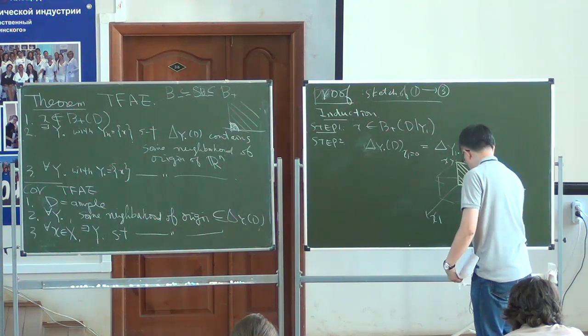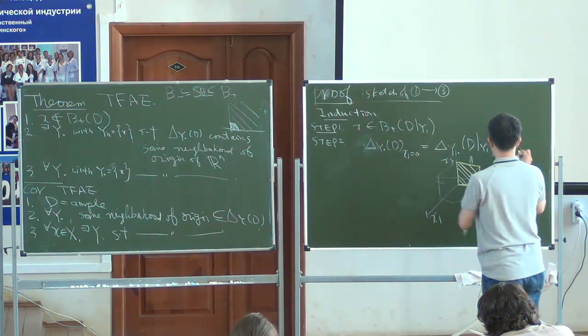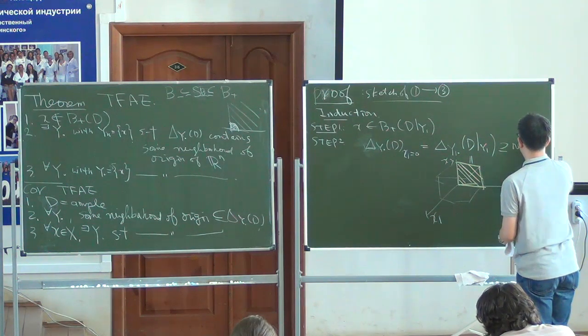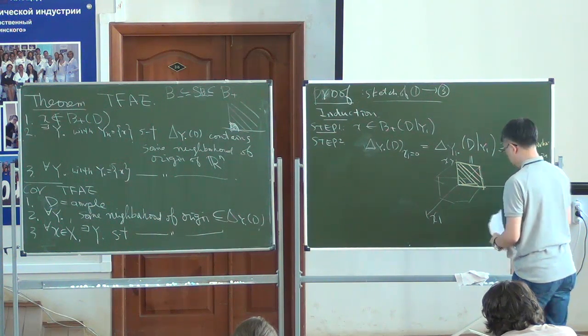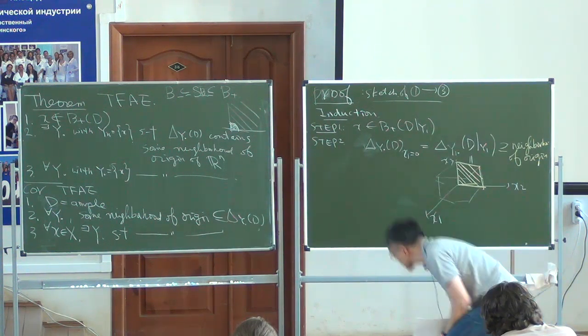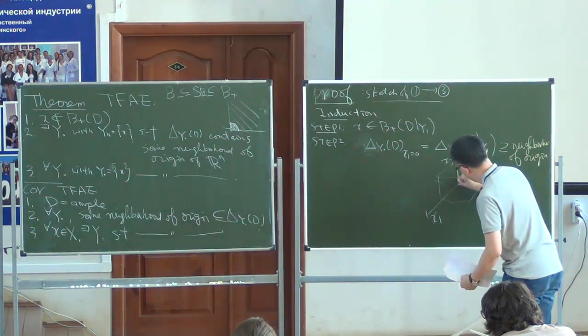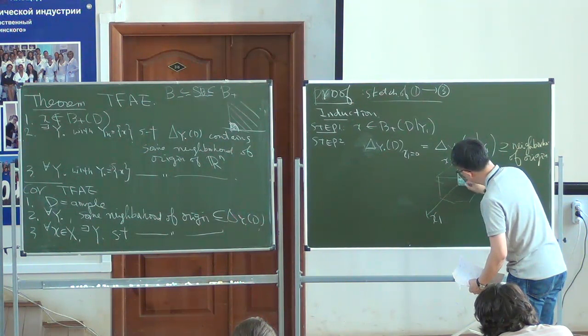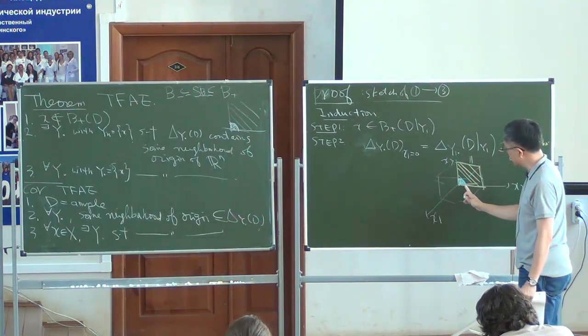And by induction, this must contain a neighborhood of the origin. This part. So by induction, this section must contain a neighborhood of the origin.